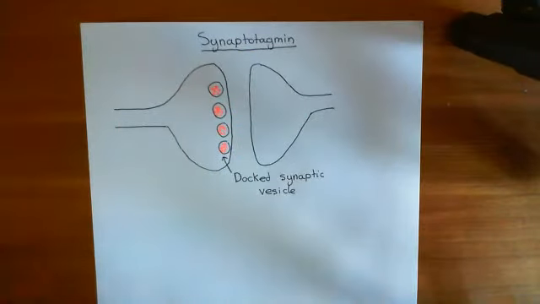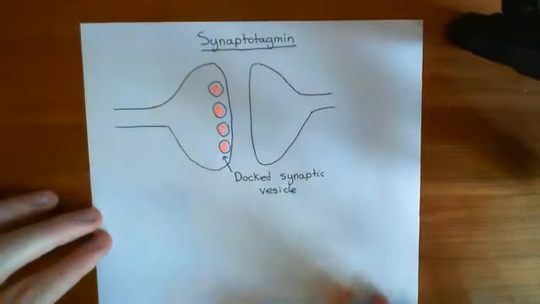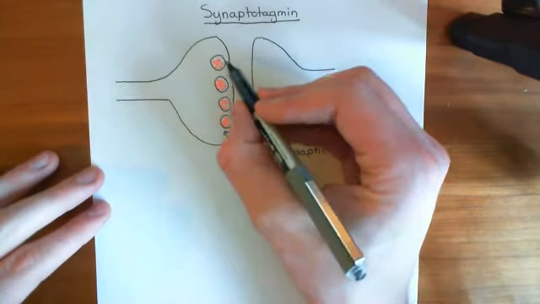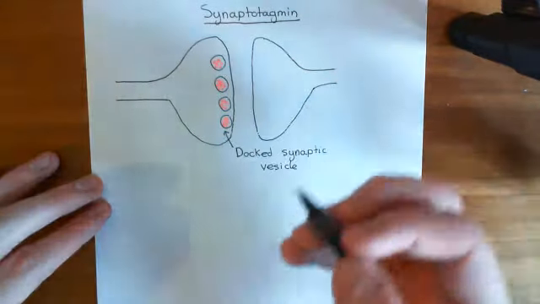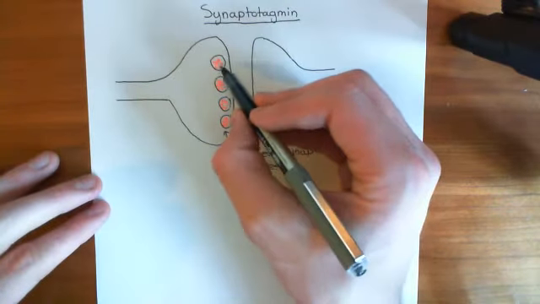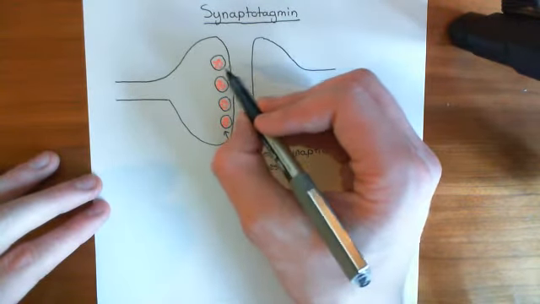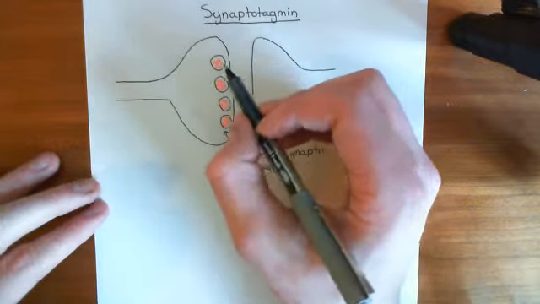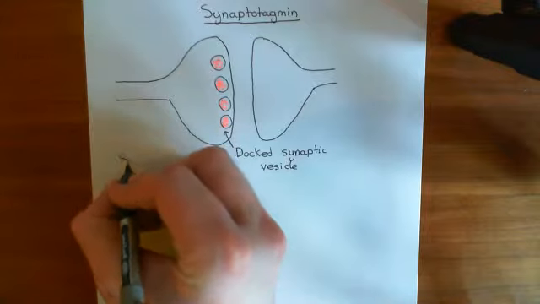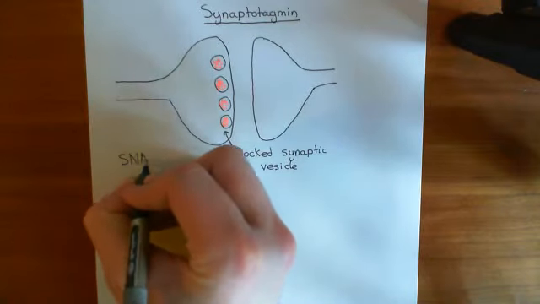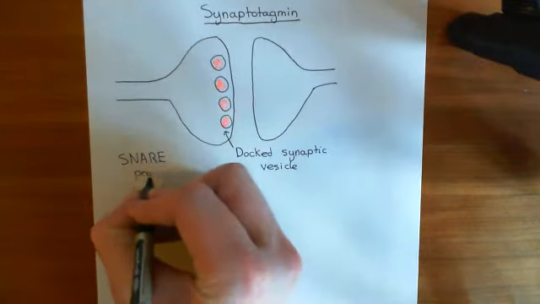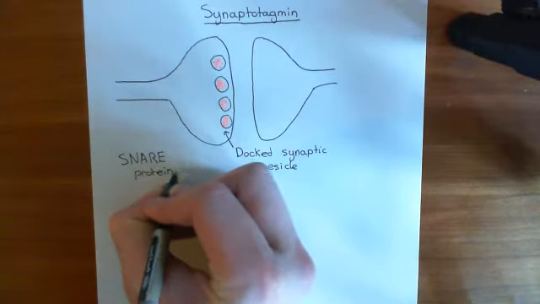Okay, right. So let's just have a little bit of a brief reminder of how these synaptic vesicles dock at the presynaptic membrane. Well, basically, it requires proteins in the synaptic vesicle to interact with proteins on the presynaptic membrane, and these proteins are known as snare proteins. Okay, so snare protein stands for SNAP receptor. So snare proteins, or SNAP receptor proteins.